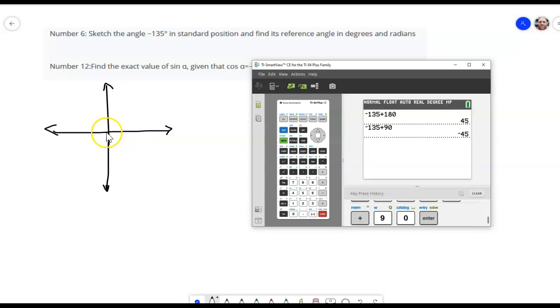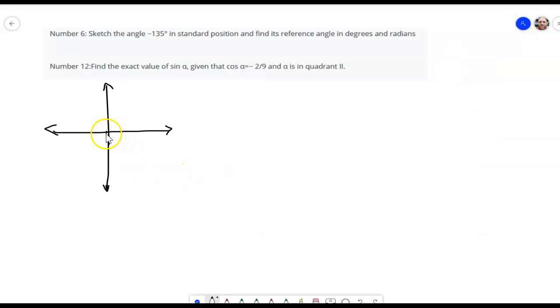So it's going to be right dead in the middle there. So that angle is going to look just like this.